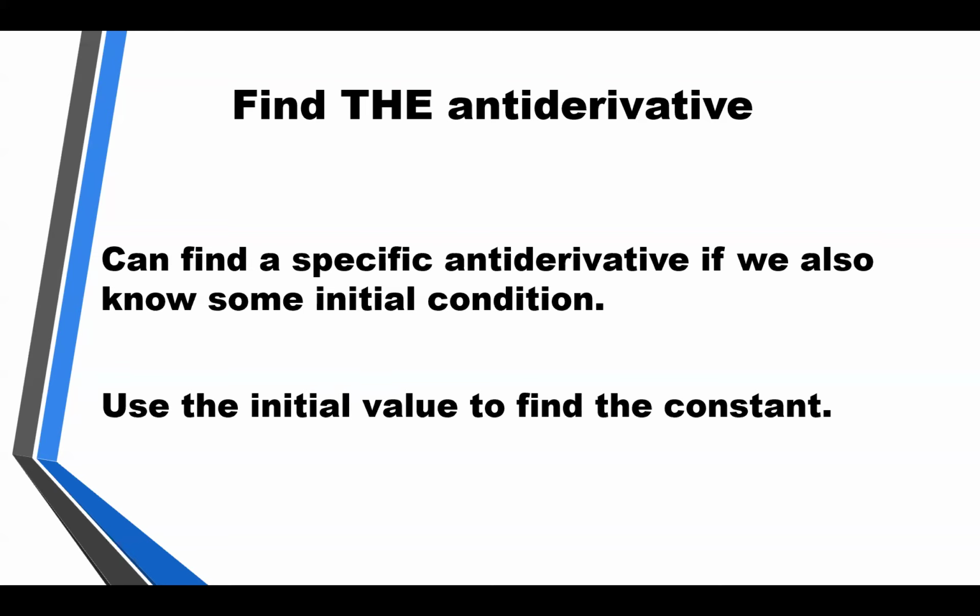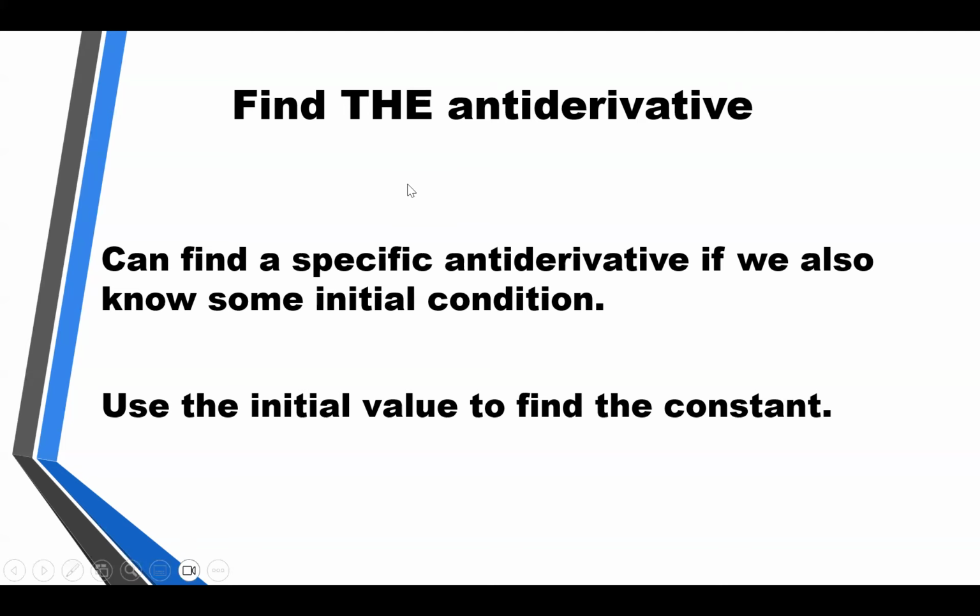Basically what we're going to do is the integration, and then plug in some initial condition or initial value to find the constant. So I just need to find the specific c that I'm looking for. I can do that if I know some point that the function passes through.